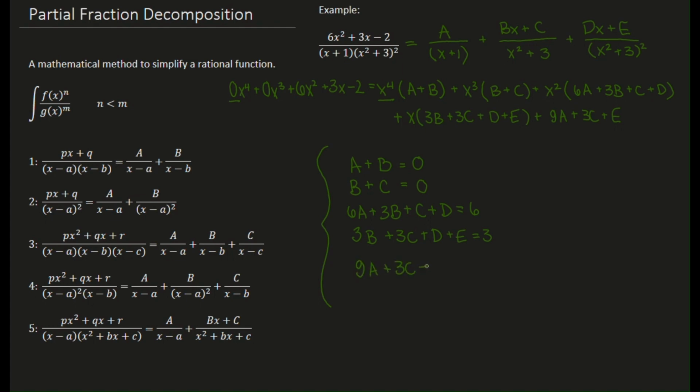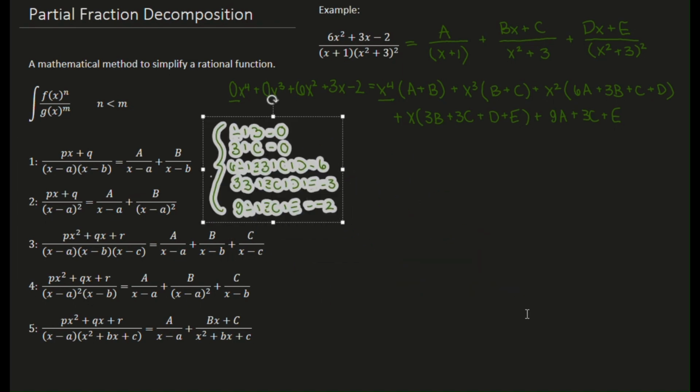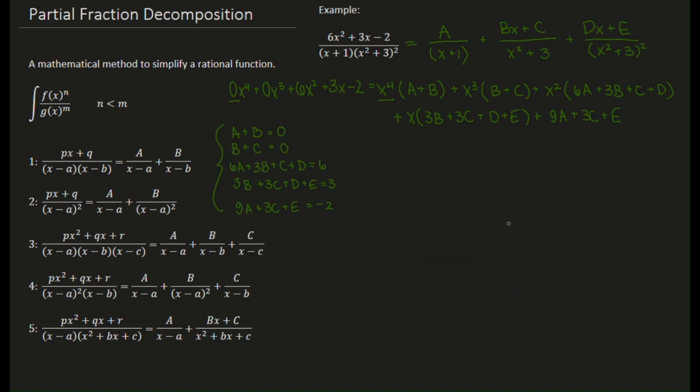Now I can use systems of equations to solve for this and figure out a, b, c, d, and e. So from this I can see that a equals -b, b equals -c, so I can say a equals c.